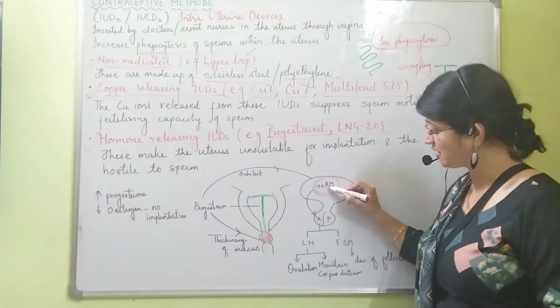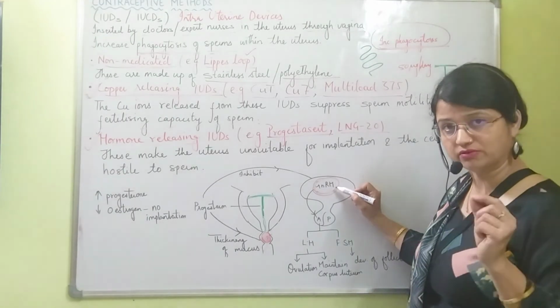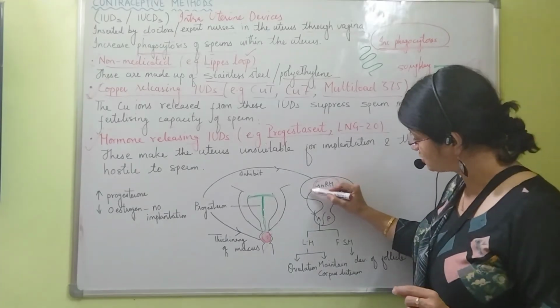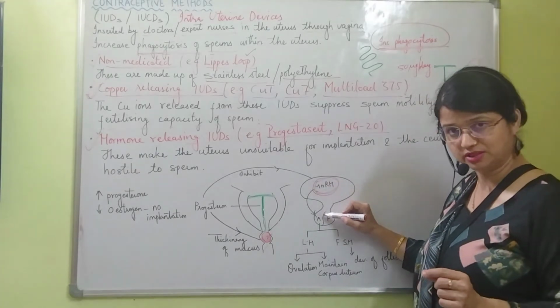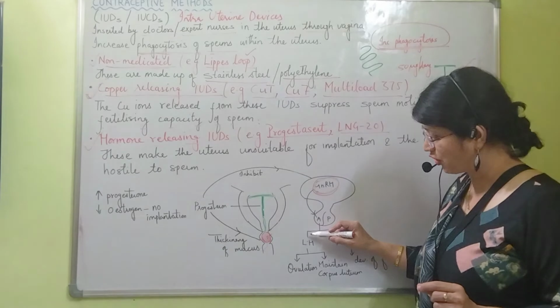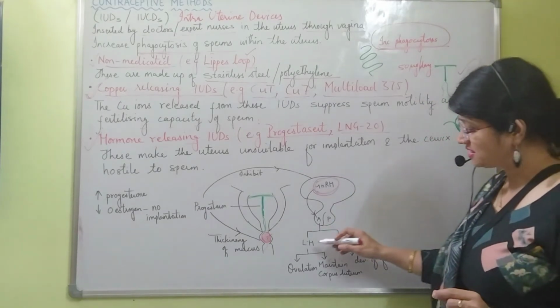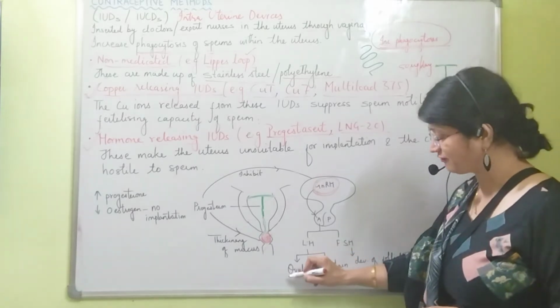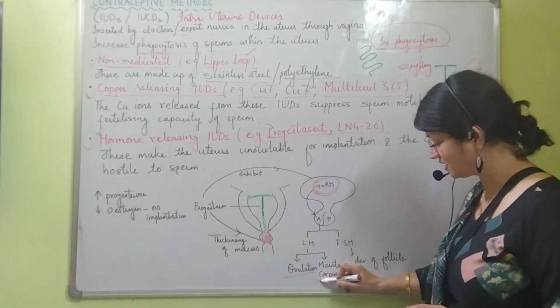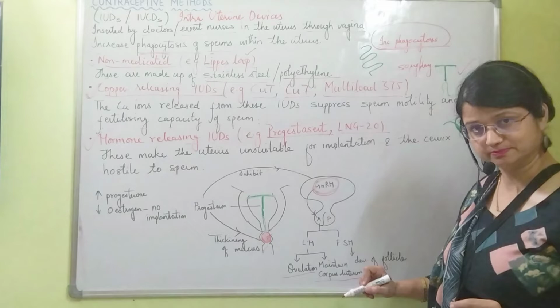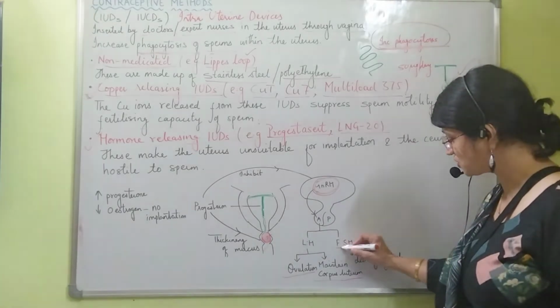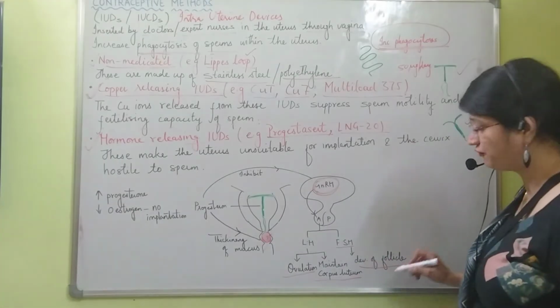This GnRH, that is gonadotropin releasing hormone, will not stimulate the anterior pituitary. As a result, it will not produce the hormones LH and FSH. LH is required for ovulation and maintenance of the corpus luteum, and FSH is required for the development of the follicle.